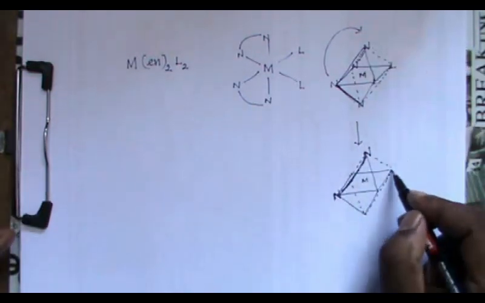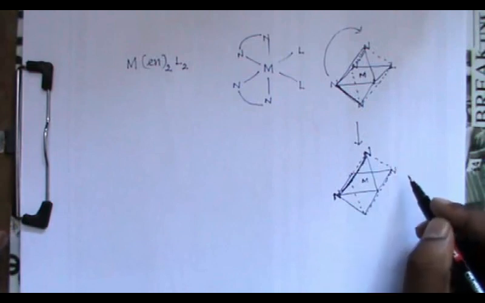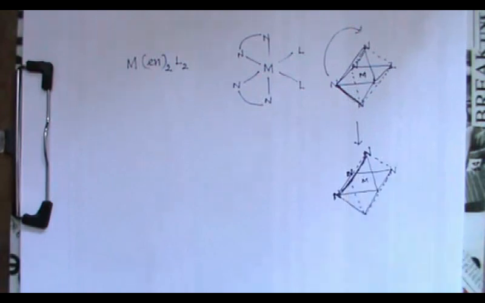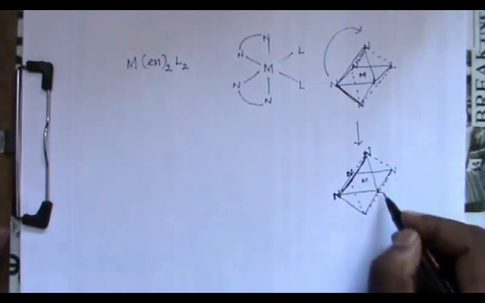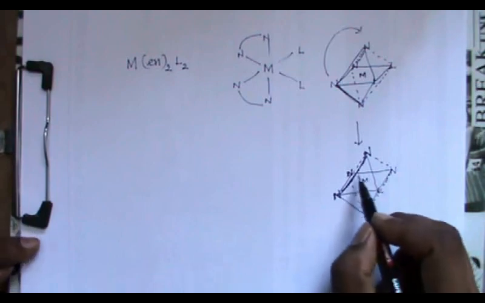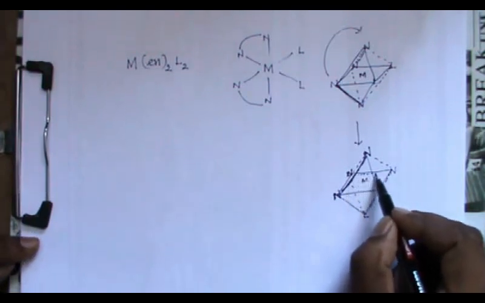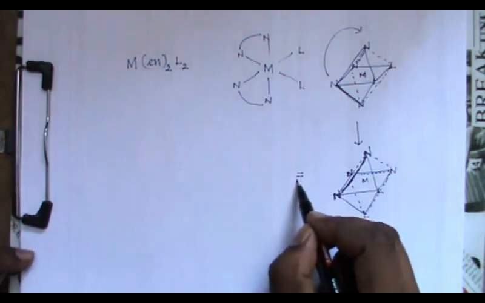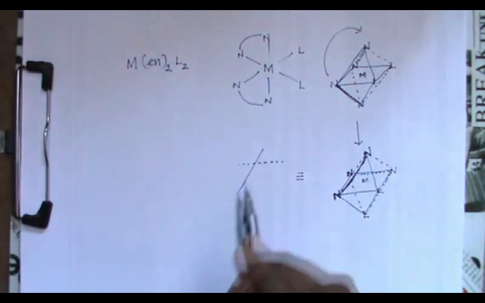This will go to this position and this nitrogen will be here. The remaining two positions will have ligand. Now we are going to focus only on this line and this line. For clarity, I take only two lines.